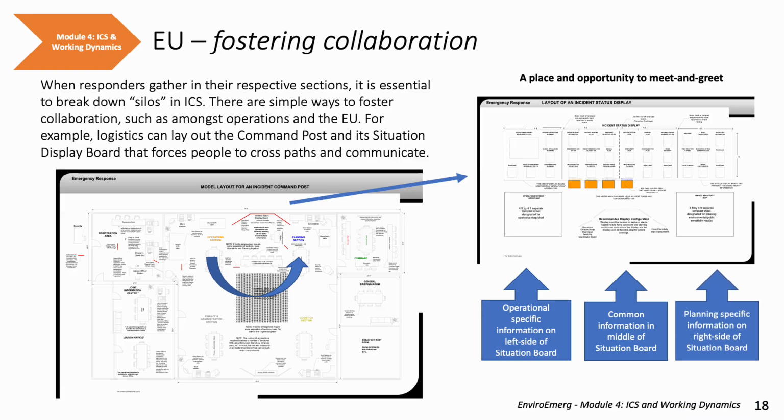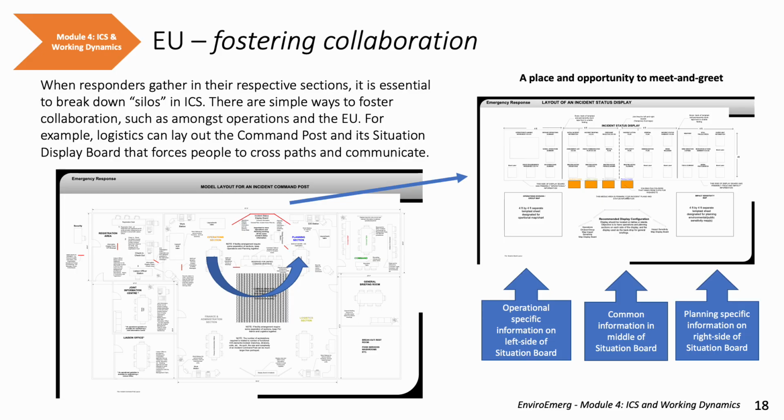Take a look at the model layout for an incident command post. You'll see that the operations section and the planning section are working side by side in the same room, and they also share a situation board or incident status display board. Look to the right and you see that the display board also forces people to come together and communicate.